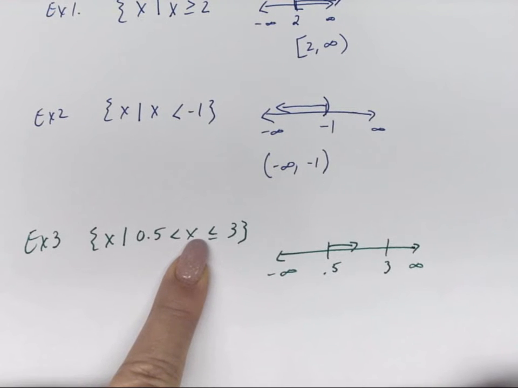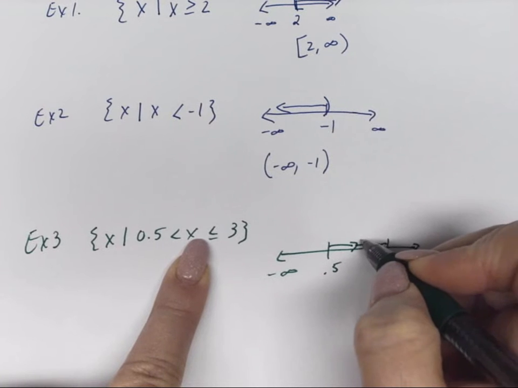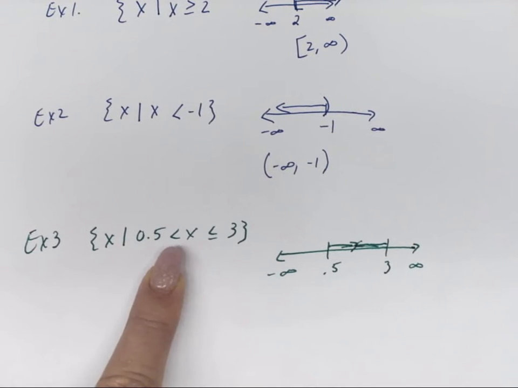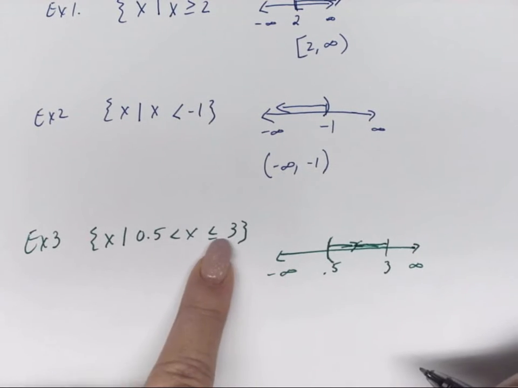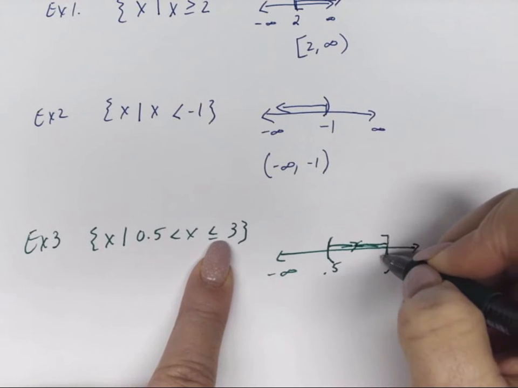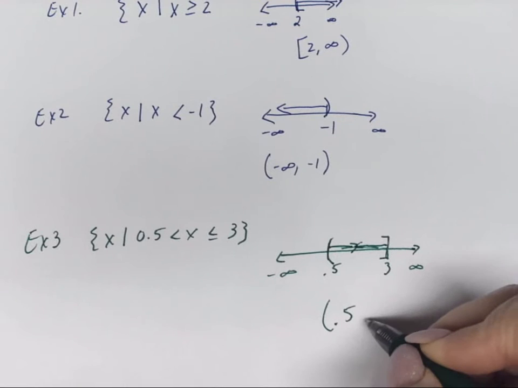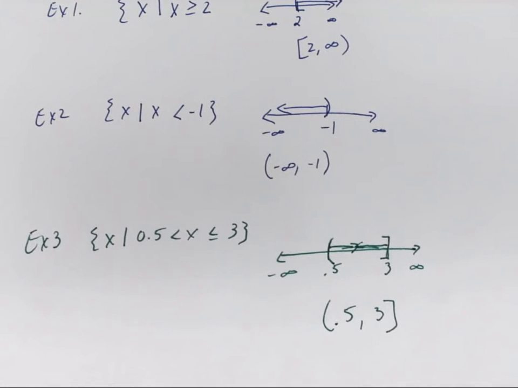It is less than or equal to 3, so that'll go to the left. So they're going to meet here in the middle. So it's going to be this whole section right here. The 0.5 does not have an equal sign, so it will have a parenthesis, and this side does, so it's going to get a bracket. So for the interval notation, we just bring it straight down with a parenthesis and a bracket.